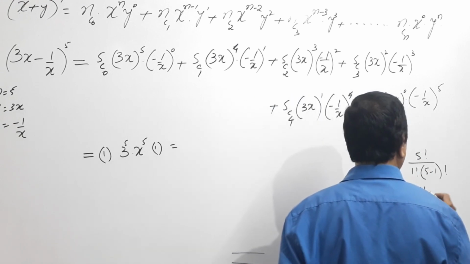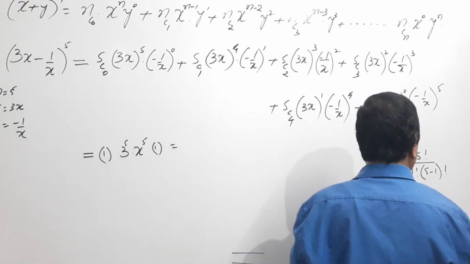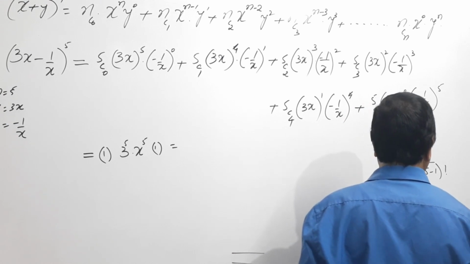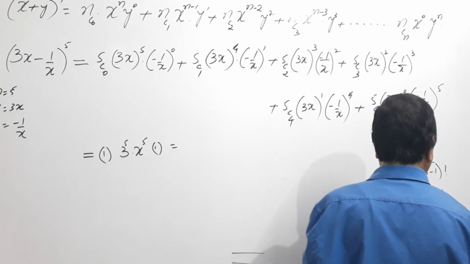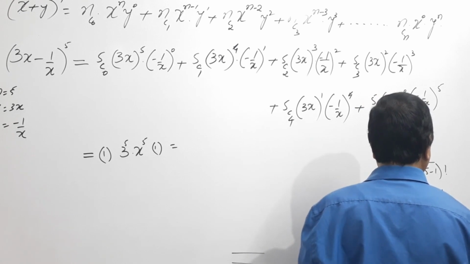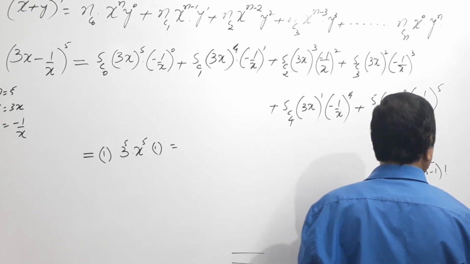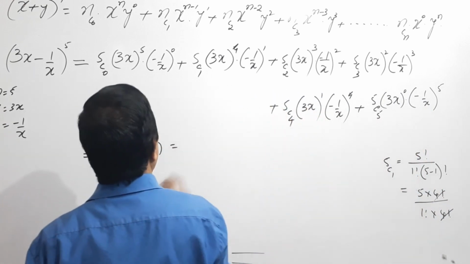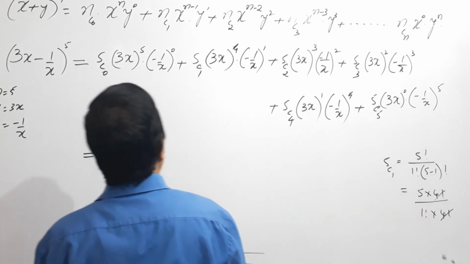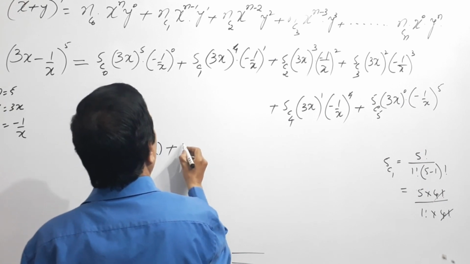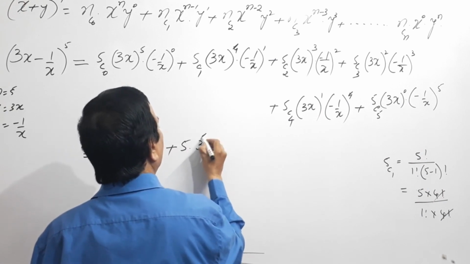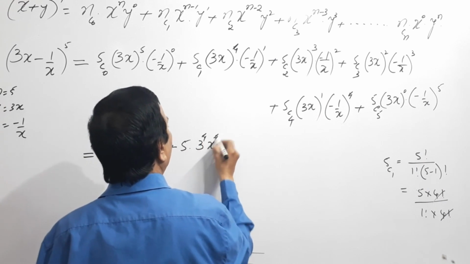That is 5 into 4 factorial by 1 into 1 factorial into 4 factorial. So 4 factorial cancels, you are left with 5. So this becomes plus 5, 3 to the power of 4, x to the power of 4.